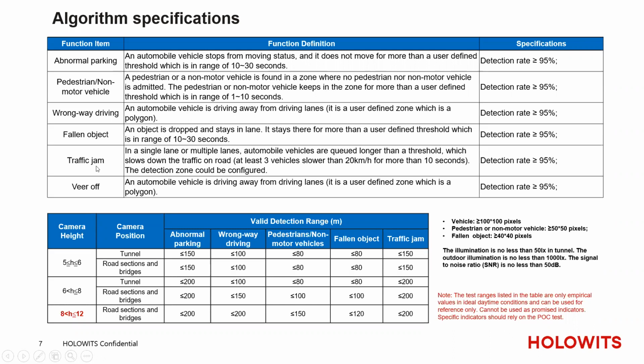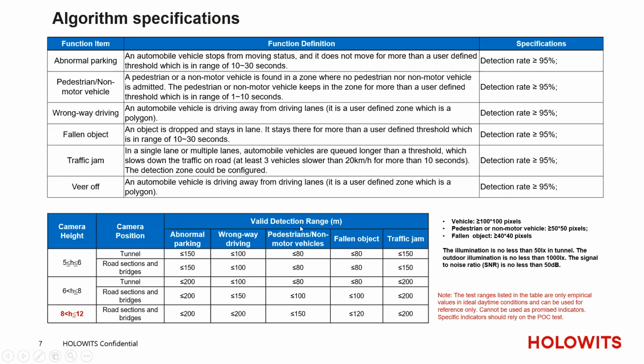And the traffic jam, in a single lane or multiple lanes: automobile vehicles queue longer than a threshold, which slows down the traffic on the road. At least 3 vehicles slower than 20 kilometers per hour for more than 10 seconds.